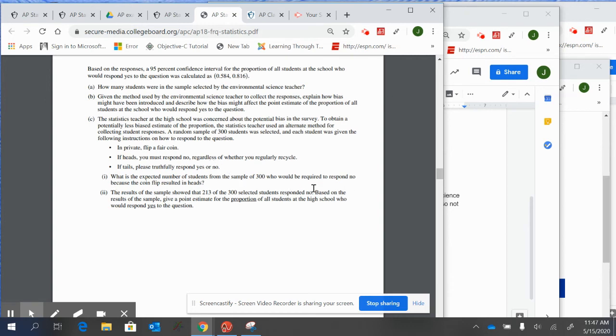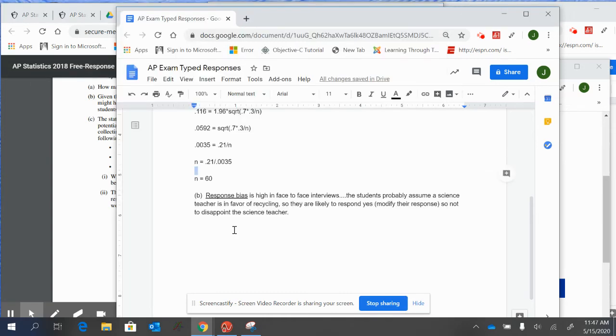Expected number of students from the sample of 300 who would be required to respond no. Well, that one's easy. So for C1, you're going to say the expected value is n times p. Well, you have 300, so 300 times 0.5.